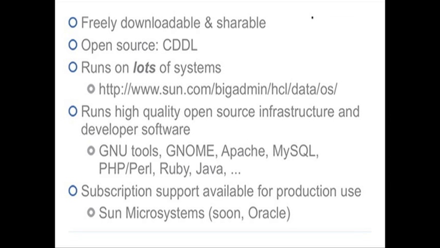It uses the CDDL license, the Common Development and Distribution License. It runs on lots of different systems, runs high-quality open source software with all the GNU tools, GNOME, Apache, MySQL, Perl, Ruby, all those things. And you can get subscription support for it just like you can with various forms of Linux. So this is what we typically say to the end users of open source software. They can do all their web-based open source development on OpenSolaris as well.